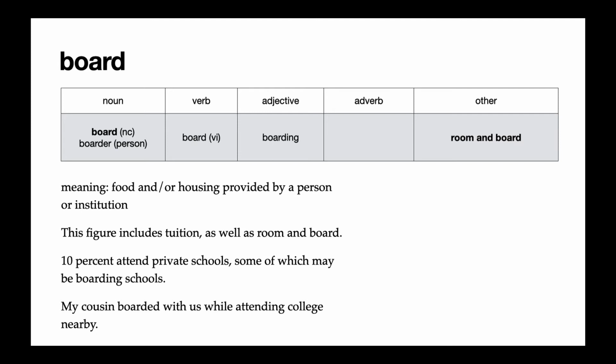So our second example said 10% attend private schools, some of which may be boarding schools. And then the last example shows board used as a verb. My cousin boarded with us while attending college nearby. That means our cousin lived with us.